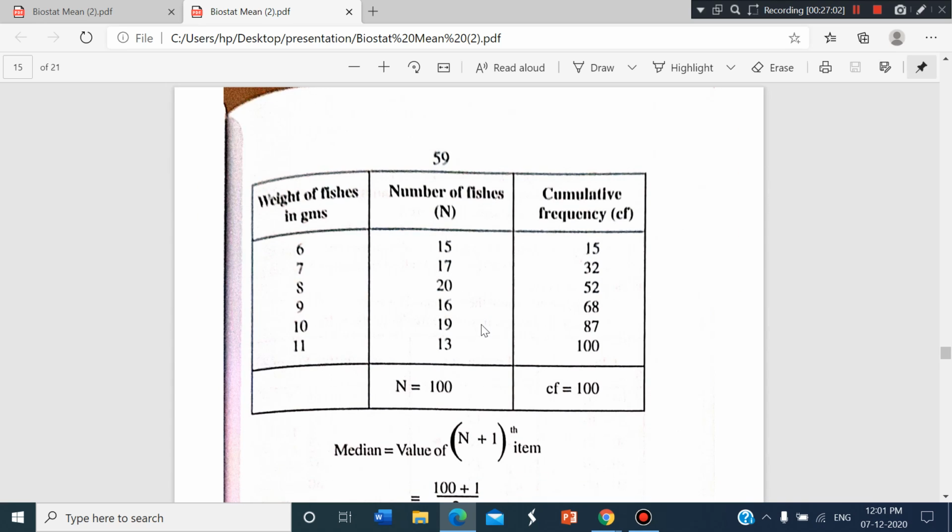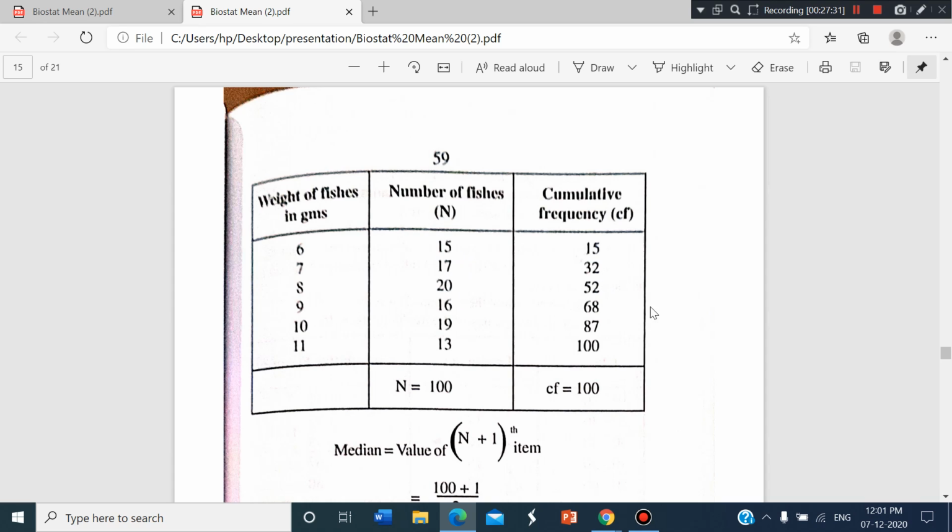Now you have to add the cumulative frequency. What do you mean by cumulative frequency? At every step, you have to add the previous values. So the first cumulative frequency is 15. For the second one, 15 plus 17, how much does it come? 32.